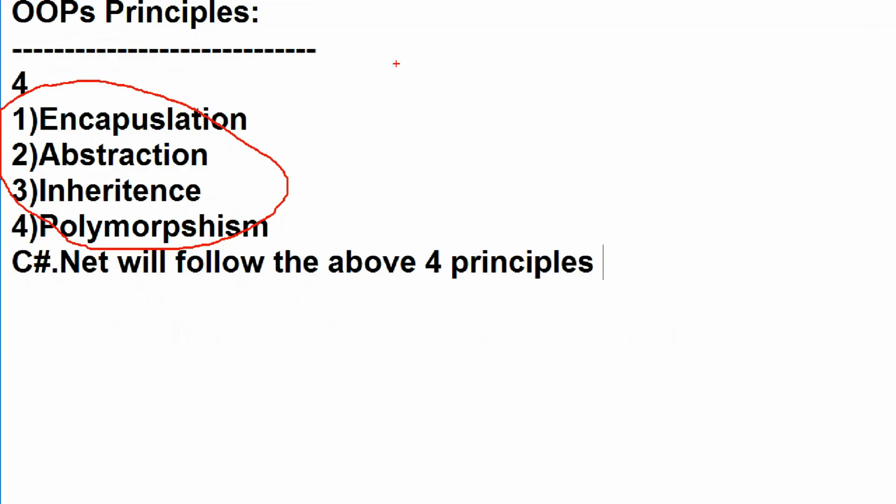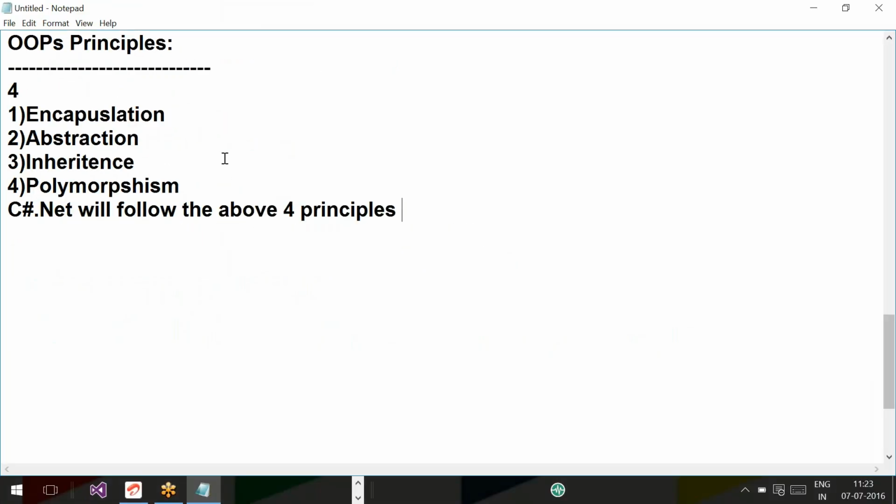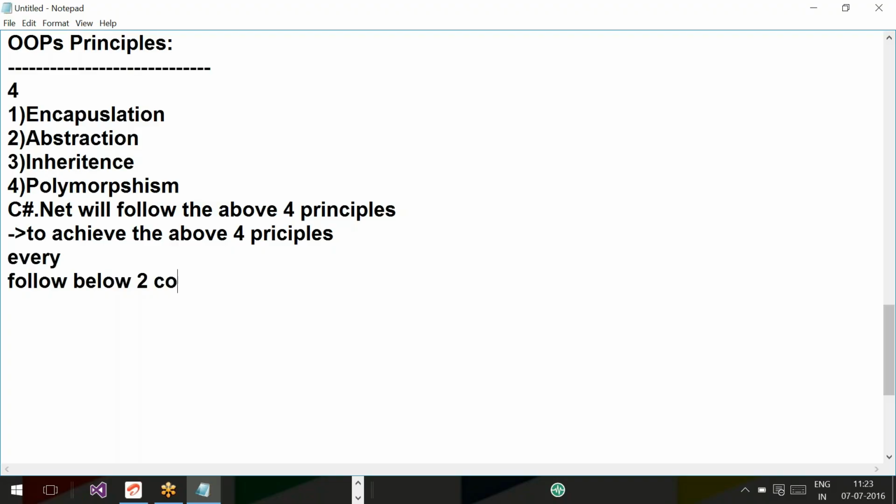By that we can finalize that C#.NET is an object-oriented programming language. And to achieve the above four principles, every object-oriented programming language will follow the below two concepts.